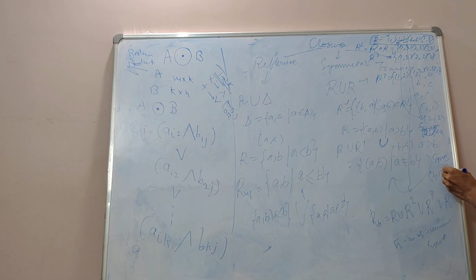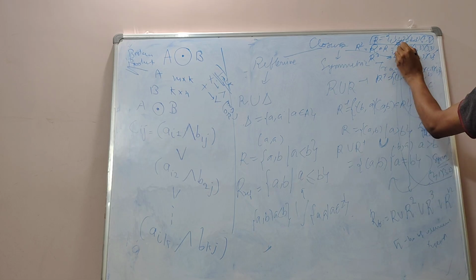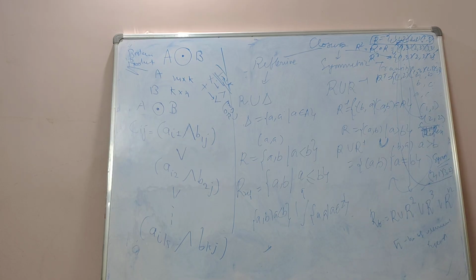I will also provide (3, 2) for this, right? So this is all closures explained, right? So this is all for today.